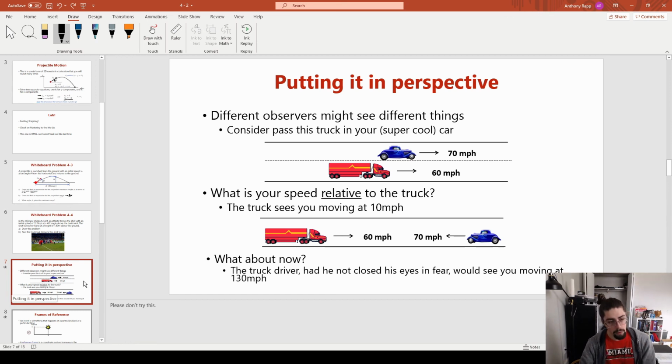Relativity, perspective, Galilean transformations. The whole point of this is basically this idea that I am sitting right here, maybe somebody else is walking, maybe somebody else is driving in a car, maybe we all see the same thing happening. Regardless of who sees it and how they might be moving, we should all be able to agree what happened and why at the end of the day.